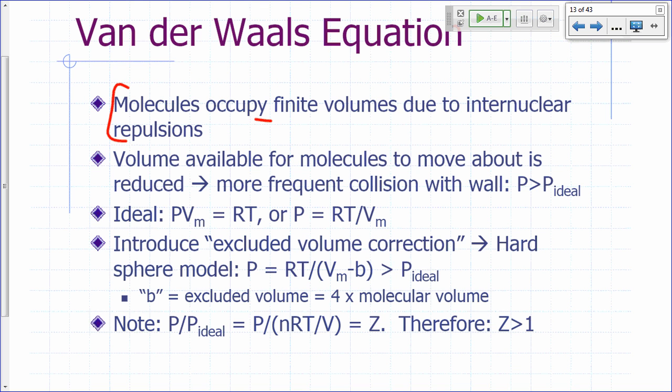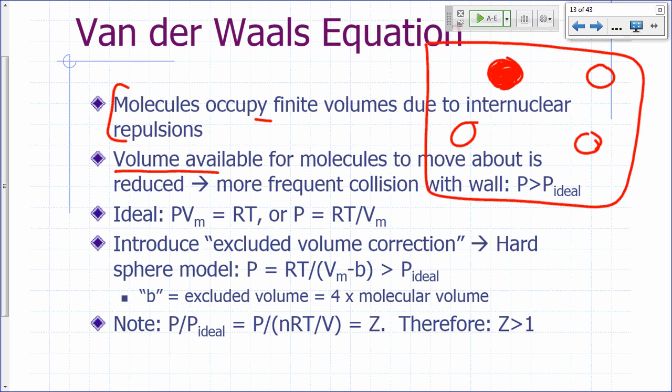If I have this molecule right here, and I've got these other molecules here, the volume occupied by this molecule is not available for the other molecules to travel around in, right? So we say that the effective volume in your container that the molecules can roam around in is reduced by the volumes occupied by the molecules themselves.